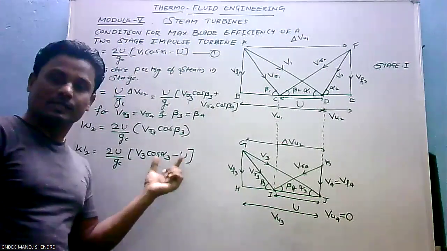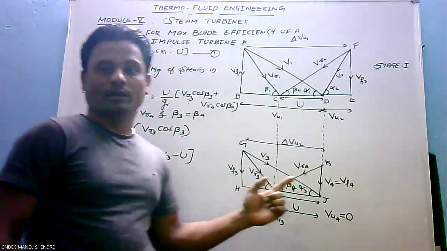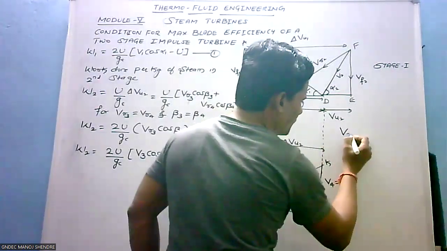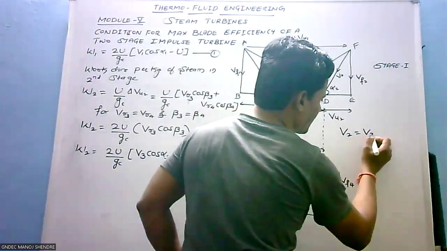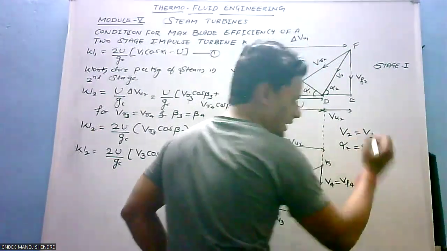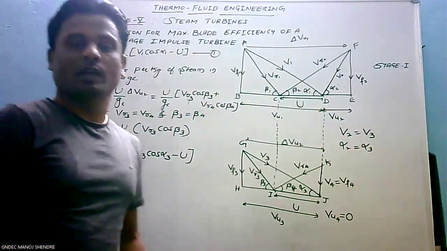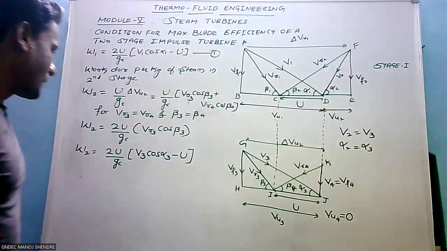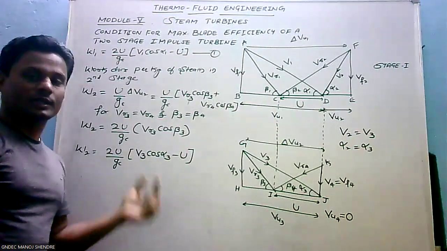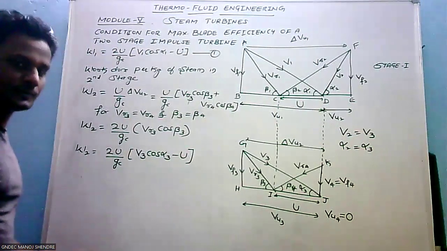V3 is equal to V2. We assume that V3 equals V2. V2 and V3 are same, and alpha 2 and alpha 3 are equal. Alpha 2 equals alpha 3 and V2 equals V3. So let us replace V3 by V2 and alpha 3 by alpha 2, right?